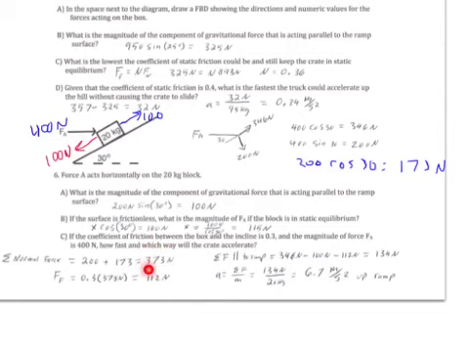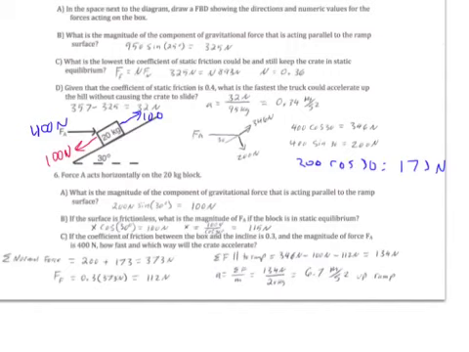Now that I know what the total normal force is, I'm going to take mu, which is 0.3, the coefficient of friction, times the normal force, which gives me a friction force of 112 newtons. So there's 112 newtons of force trying to keep this box from moving.